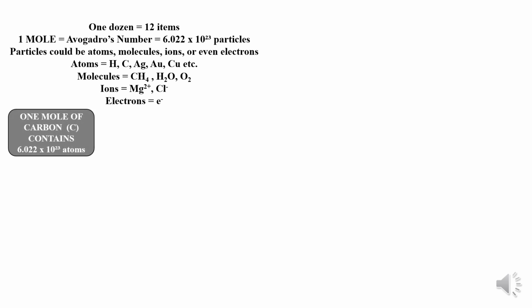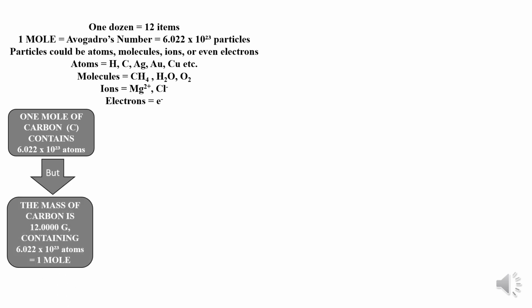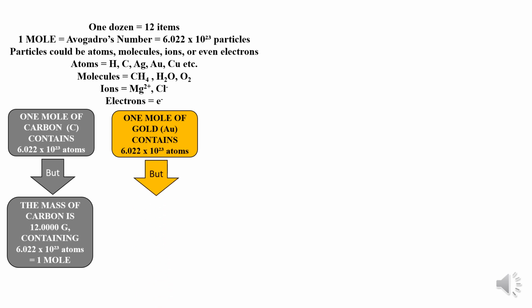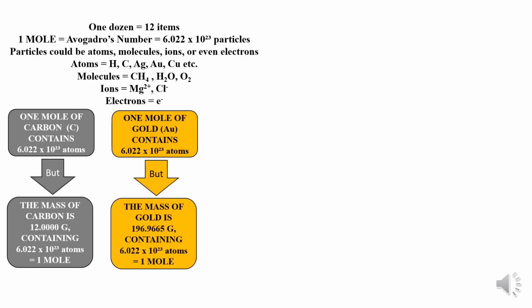Now, when we consider 1 mole of carbon, it contains Avogadro number of atoms, but the mass of carbon is 12 grams, containing Avogadro number of atoms. It is equivalent to 1 mole. 1 mole of gold contains Avogadro number of atoms, but the mass of gold is 196.9665 grams, containing Avogadro number of atoms.